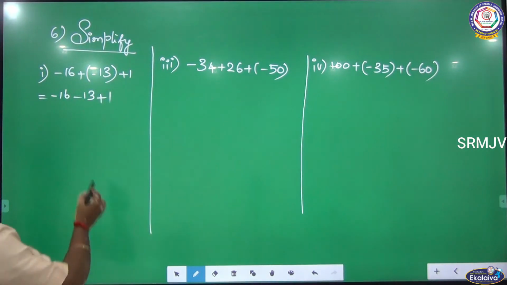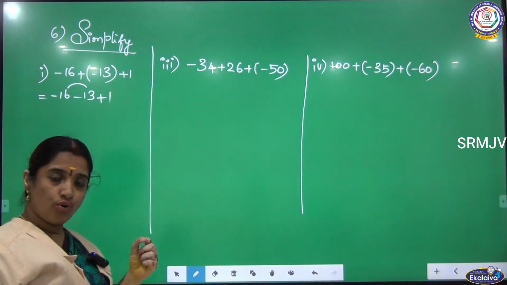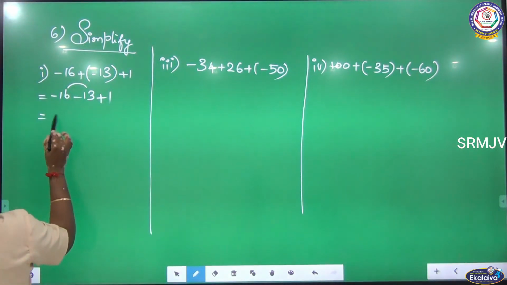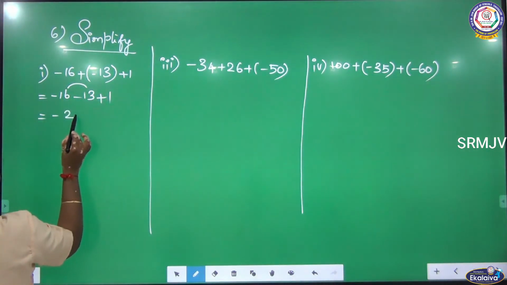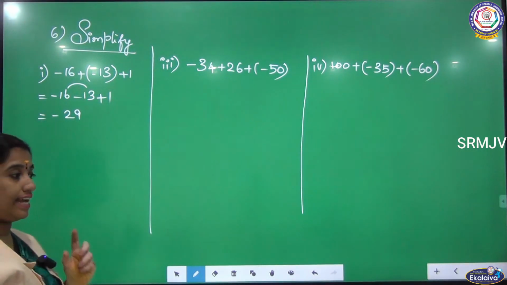The first step, you can add these two. Your signs are same, so add and put that sign. The answer is minus 29, because my signs are same.